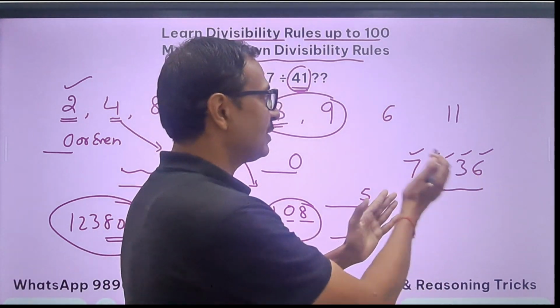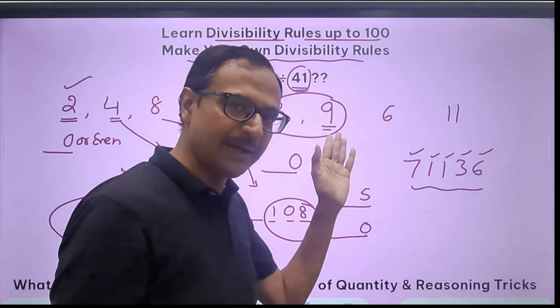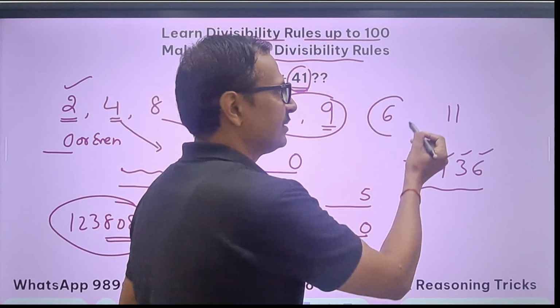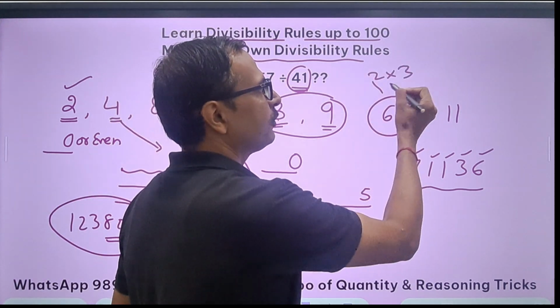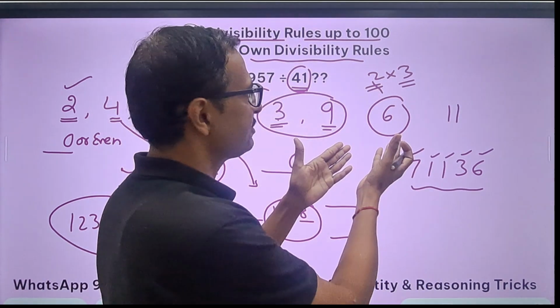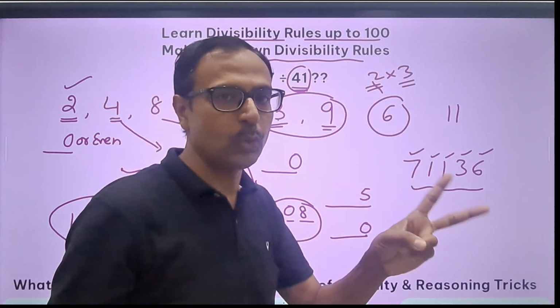And 18 is divisible by 9 also, and so this is divisible by 9 also, right? I think you know all these rules. Then 6, because the factors are 2 into 3, and therefore if a number is divisible by 2 and by 3, then it is divisible by 6 also. It has to be divisible by both 2 and 3.